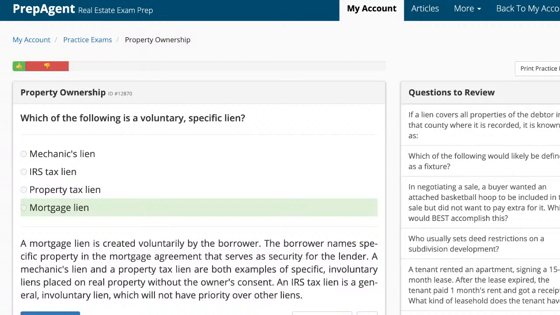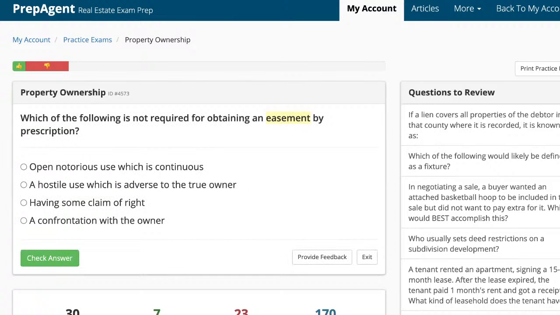Property tax is a specific lien. Income tax is a general lien. You guys get confused on that because a lot of you say taxes, and it's one thing. That's not the case.